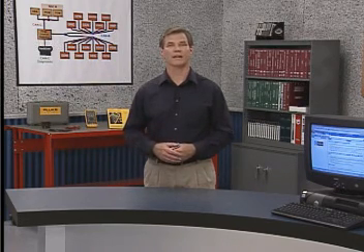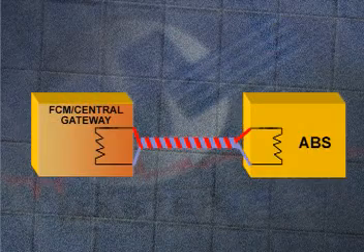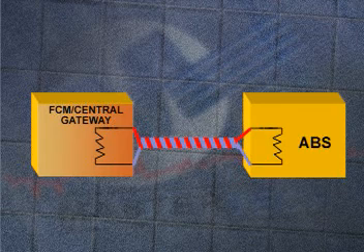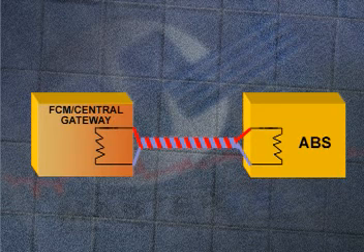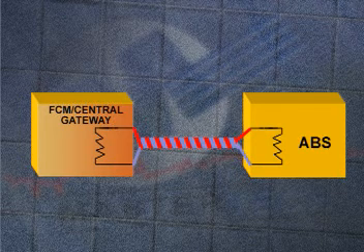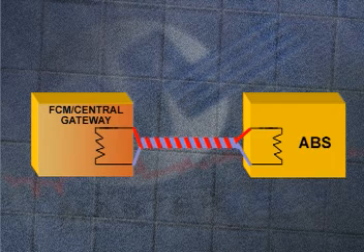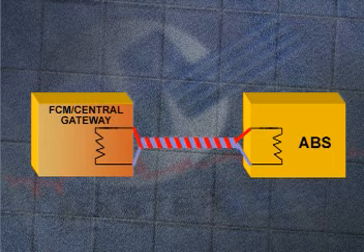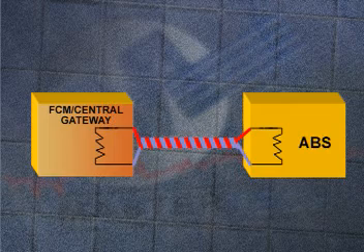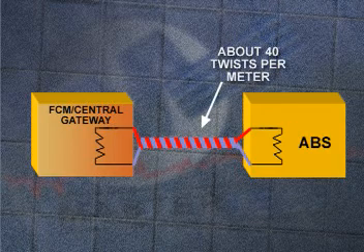One of the CAN bus system's general features that makes it distinctly different from the PCI is the wiring. CAN buses use 2 wires, like the C2D bus that preceded PCI. And like the wires in the C2D, CAN bus wires are twisted. In the case of CAN, there are about 40 twists per meter.